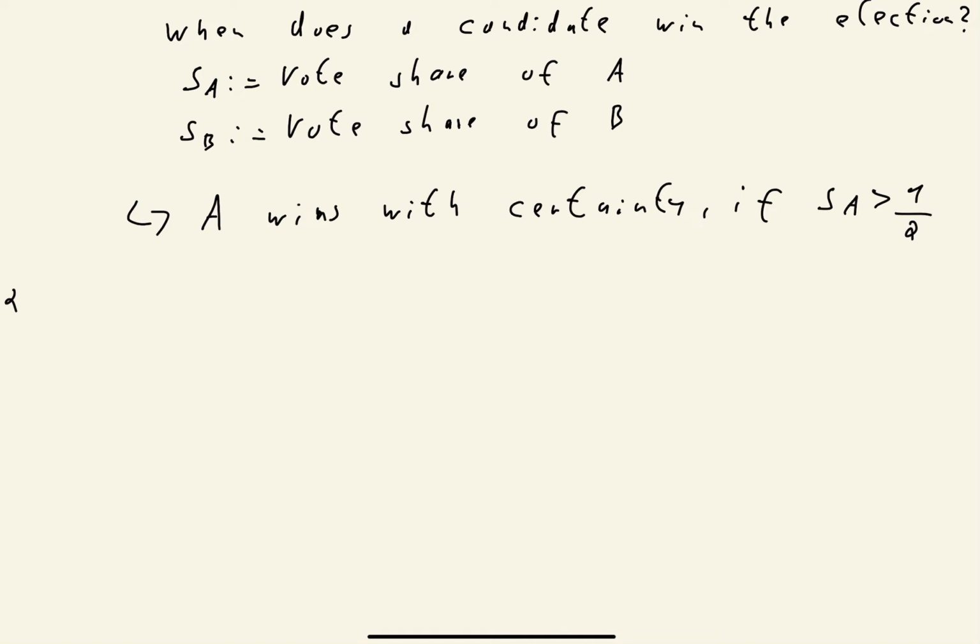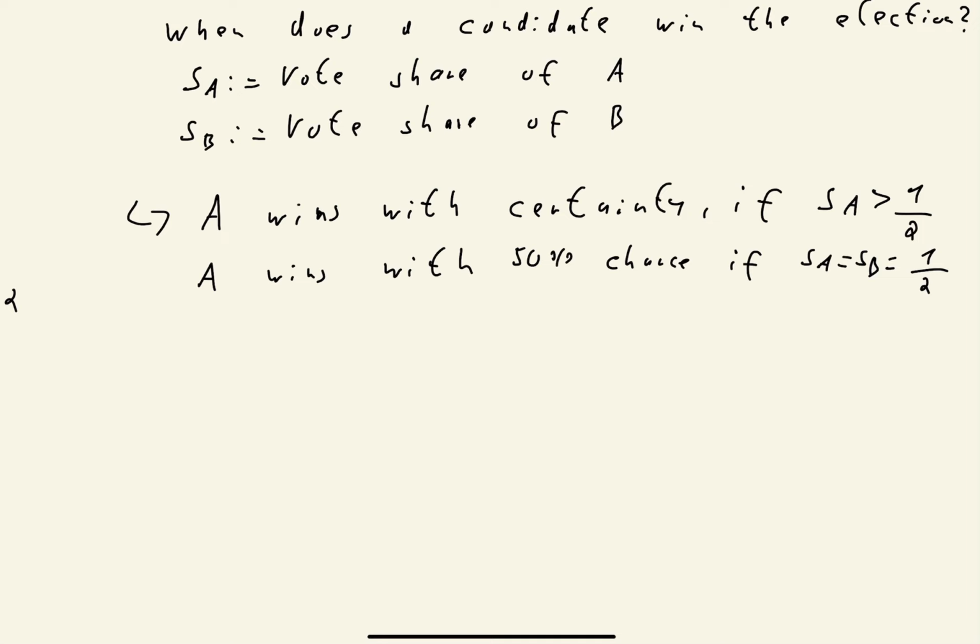So if the vote share of candidate A is strictly larger than 1/2, then he has more than half of the voters voting for him, and hence he wins with certainty. A wins with 50% chance if SA is equal to SB, and this is equal to 1/2.